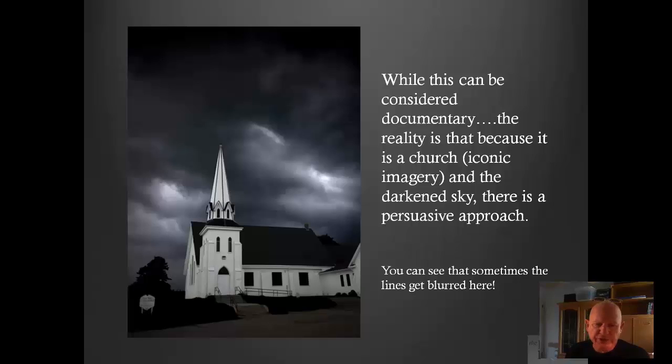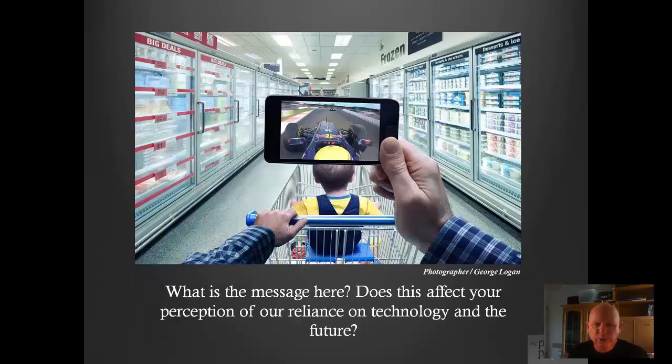In different types of situations, some things can look very documentary in nature, like this church in Canada, but because of its iconic imagery, it also has a persuasive approach in those darkened clouds surrounding the church. You can see that sometimes when we talk about these types of photography, the lines can get a little bit blurred. For instance, this one is a very documentary approach, but yet a very persuasive message coming through here.